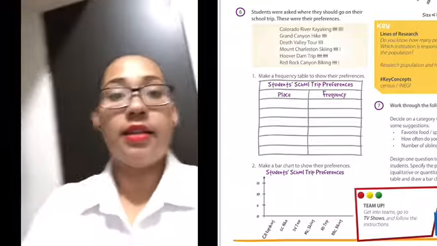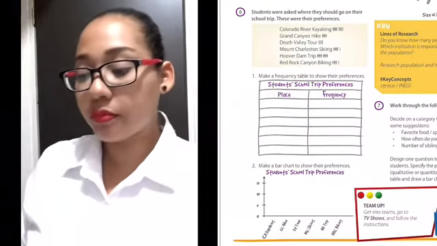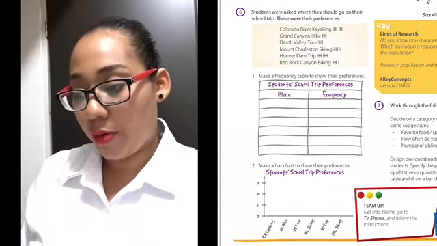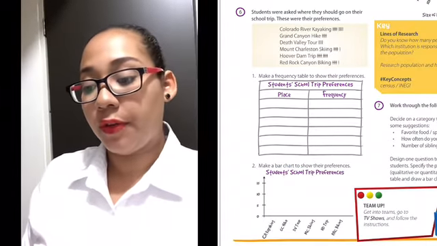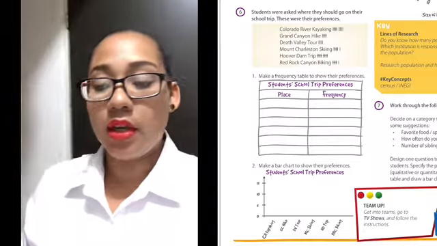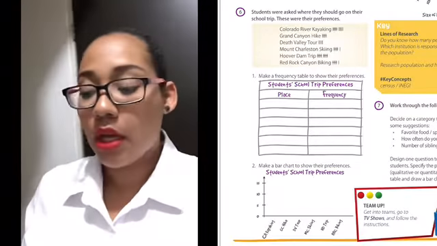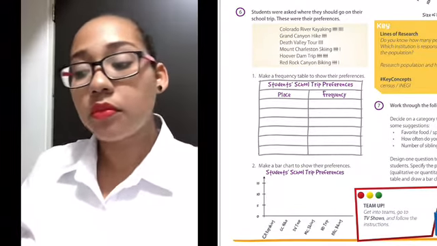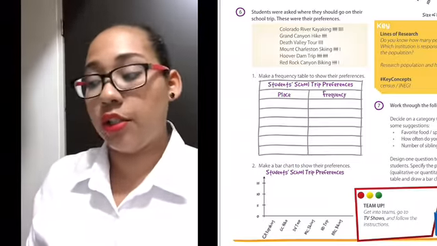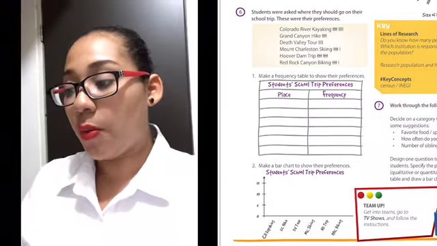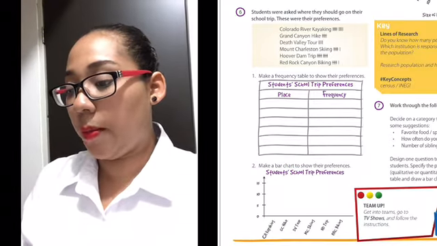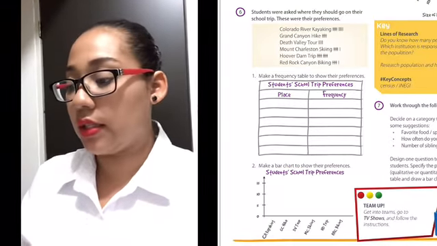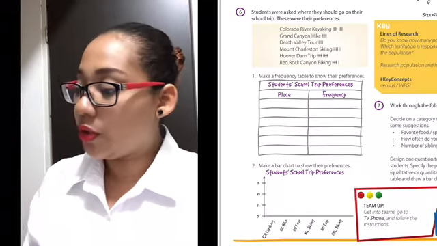The other exercise says, which bar represents a park that has a total area of 55,000 kilometers squared? So right here, you have to go back to the chart that's located to your right, and see which bar represents that total area.